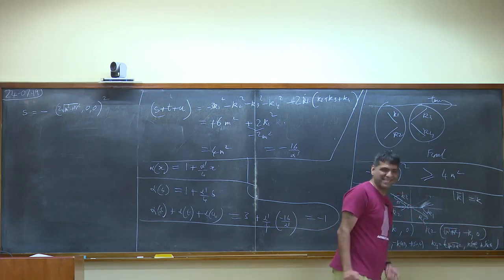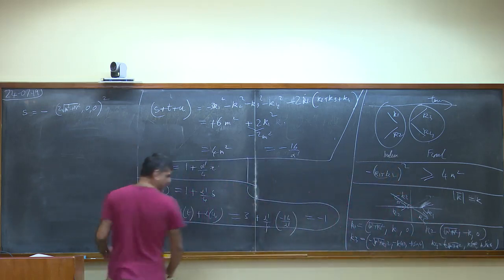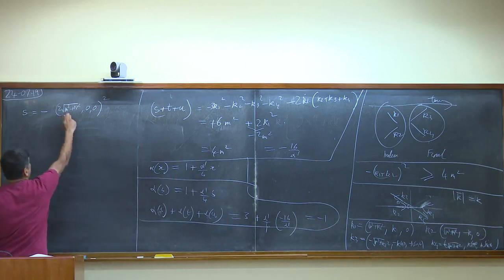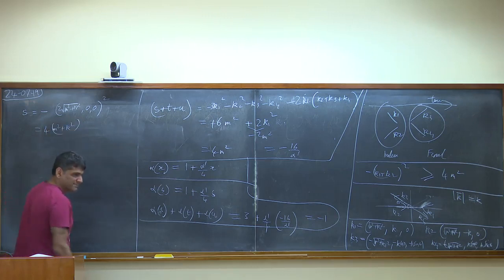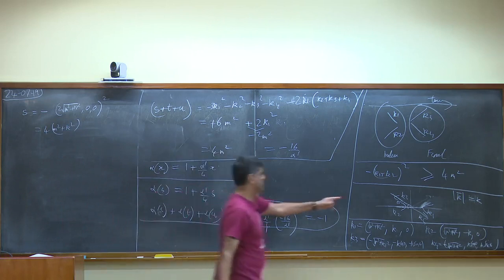Because of a sign convention, this is negative. So this is 4 of m square plus k square. That was S. That's why S had to be greater than or equal to 4m square.